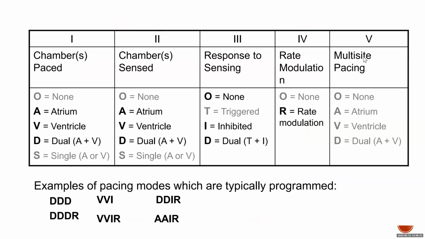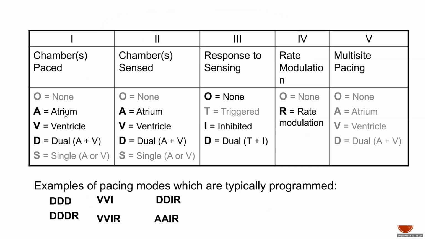Okay, next is the terminology we use. So you guys hear things like VVI pacemaker, AAI, or DDD. This is how we describe pacemakers, and there's a system for that. This system uses 5 letters. First letter refers to the chamber we're pacing. So if we're pacing the ventricle, it's V, ventricle.